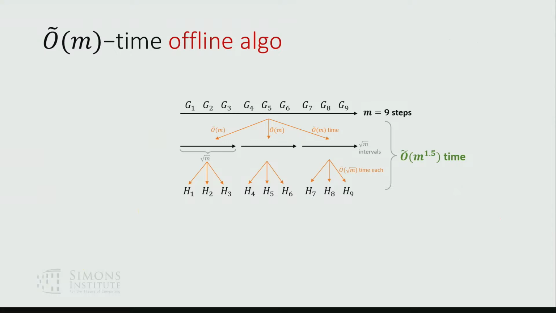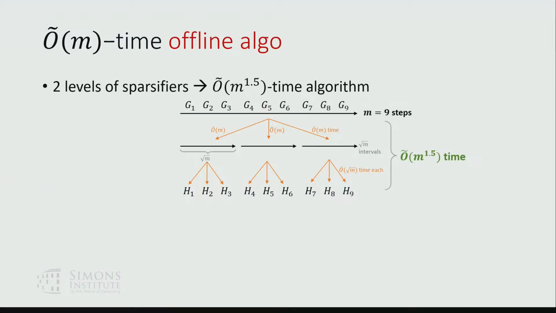Okay, so this is a schematic thing where I explain the details. You get these 2 level things in m to the 1.5 time. But okay, 2 levels of specifier give you this running time.